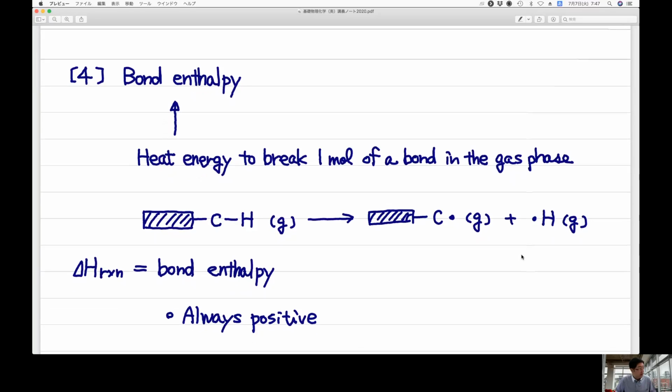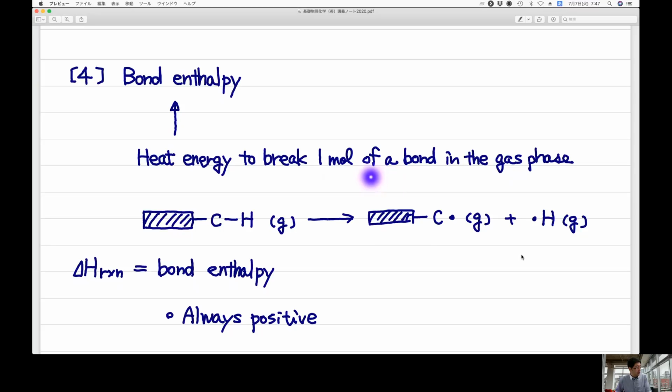The change of enthalpy of a reaction can also be easily calculated by the use of the bond enthalpy. The bond enthalpy means the heat energy to break 1 mole of a bond in the gas phase. Okay?